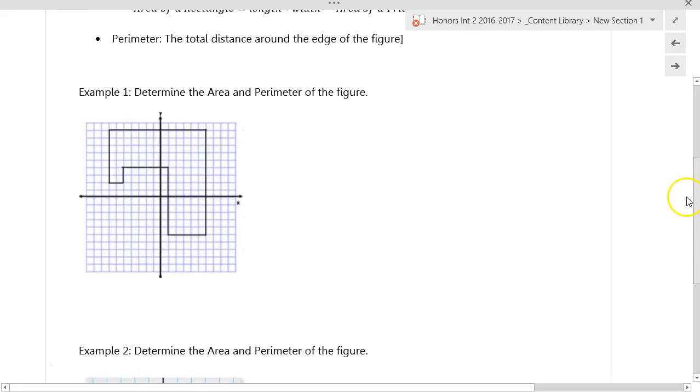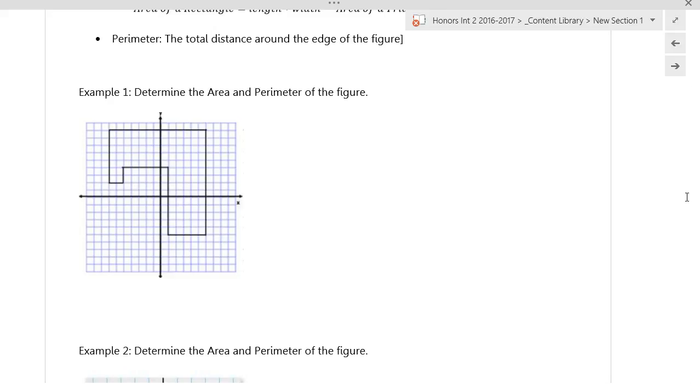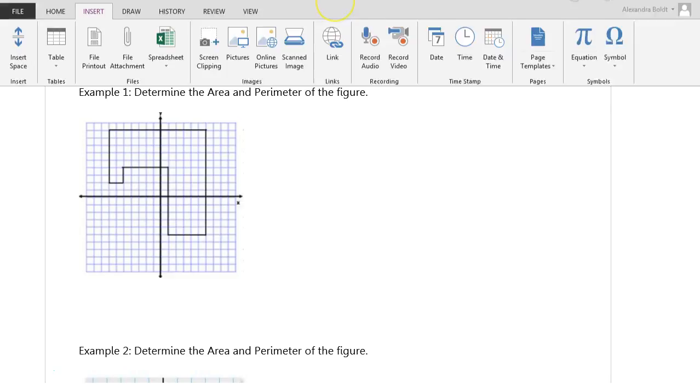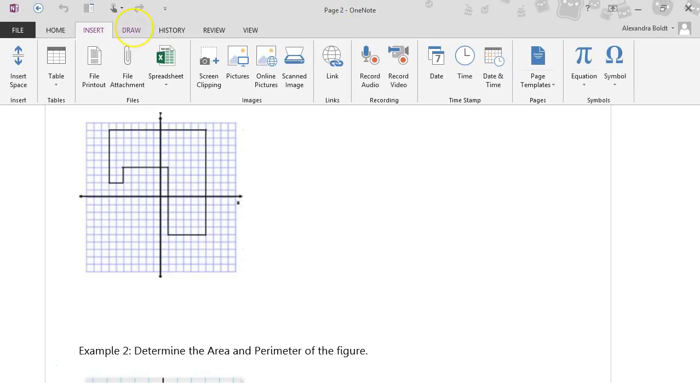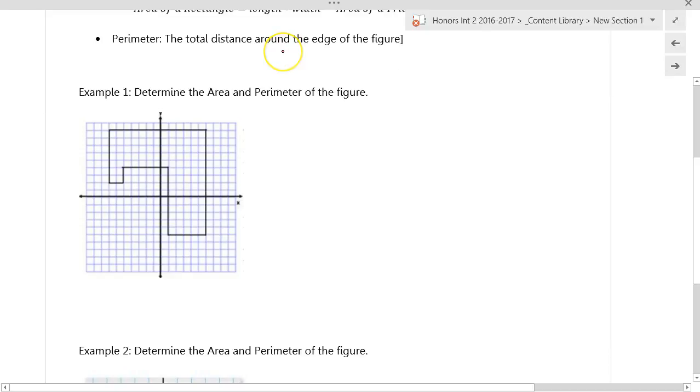Example 1 says, determine the area and perimeter of the figure. So we're going to start with area first. Now there's lots of ways you can cut up a shape and have this work. So you're really just trying to figure out different rectangles that you can cut this into.